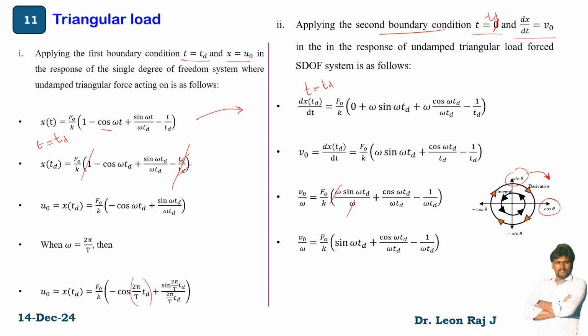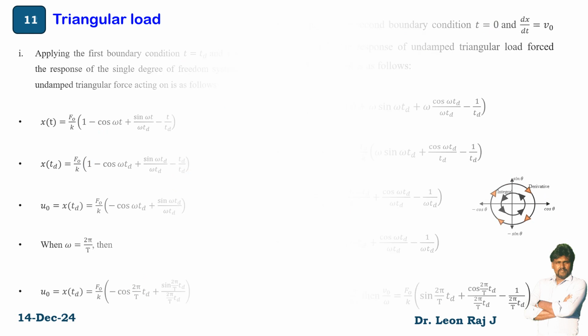So it is further rewritten as v0 by omega equals f0 by k times sin omega td plus cos omega td divided by omega td minus 1 divided by omega td. When omega equals 2 pi by T, then v0 by omega equals f0 by k times sin of 2 pi by T into td plus cos of 2 pi by T into td divided by 2 pi by T into td, minus 1 divided by 2 pi by T into td.